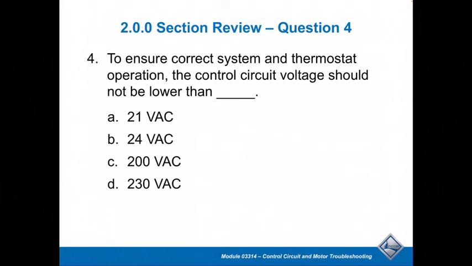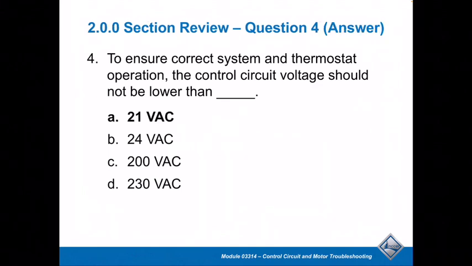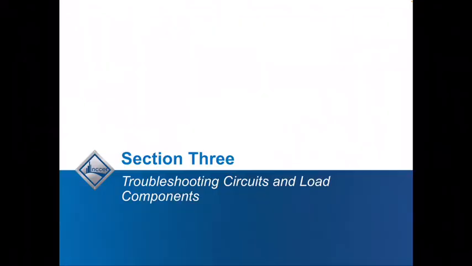If there is a load on that, it could be a little bit lower, but you rarely see that happen. So in this case, not lower than, if you take 10% off of the 24 volts, that gives me about 21 volts AC. Thermostats will work at 24 volts. If you start getting less than that, taking 10% off 24 volts, you're easily going to be down in that 21, 22 volts. That's starting to get a little iffy.